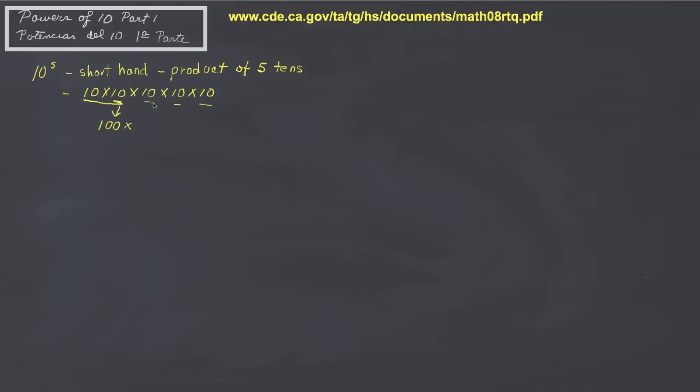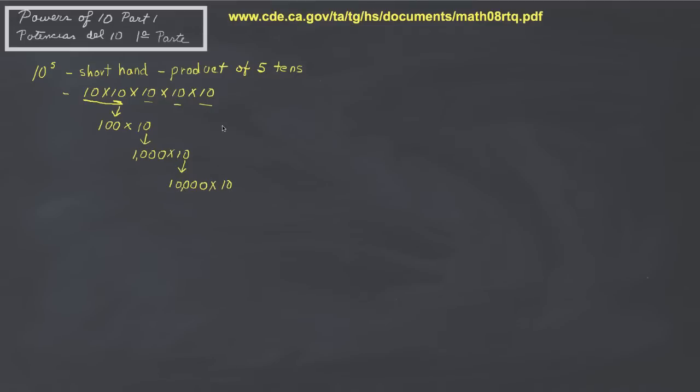If you multiply by the next 10, we're going to get 1,000. That would be 100 with another little 0 attached at the end, 1,000. If I then multiply that times the fourth 10, I'm going to get 10,000. So that would be 1,000 with another little 0 attached. Now my final 10.